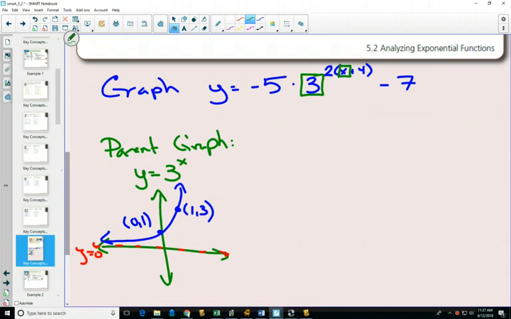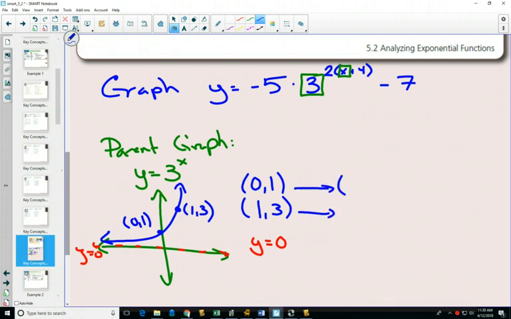That 3 is part of our parent graph. So what we're going to do is we're going to take our points that we have on our graph, which are 0, 1, and 1, 3. We're also at the end going to look at what happens to our asymptote y equals 0. So 0, 1, going from left to right.